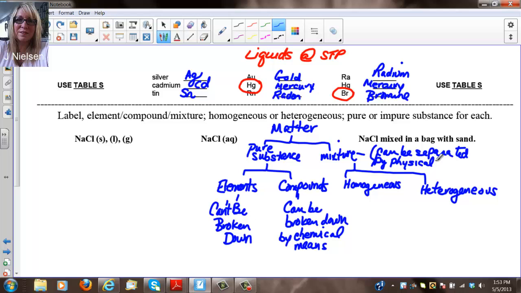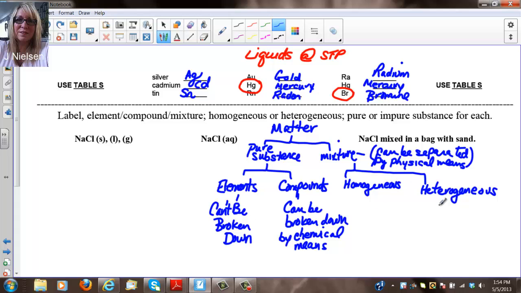And what I mean by physical means, there are a couple of things, and we'll talk about these in a different lesson. But you have distillation, which is separation by boiling point. You have filtration, so that's based on particle size. And you have evaporation, where you can evaporate all the liquid and be left with a solid. We also have chromatography, which has to do with a separation of a mixture based on polarity and size.